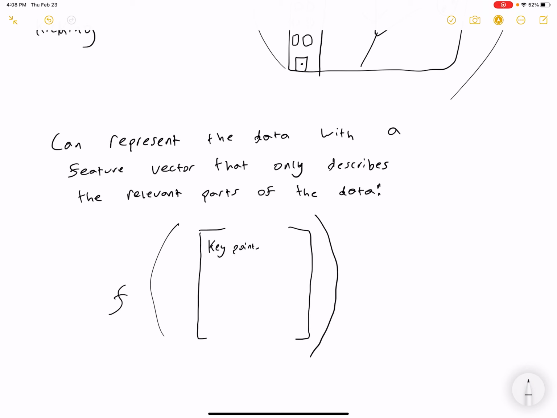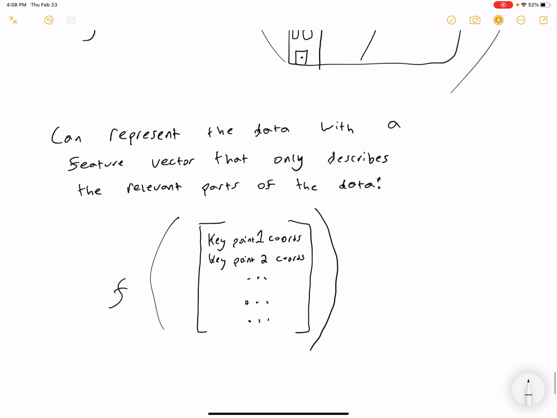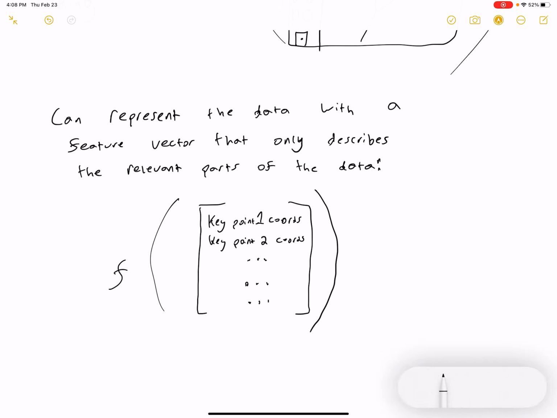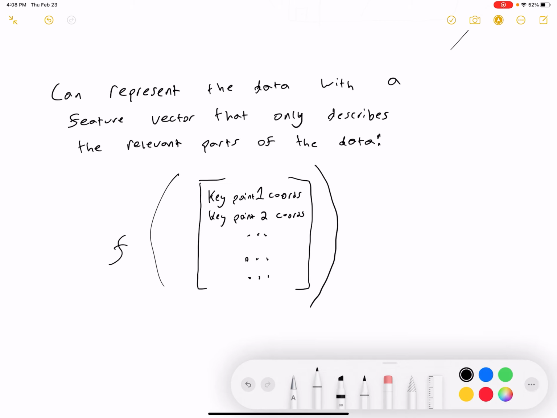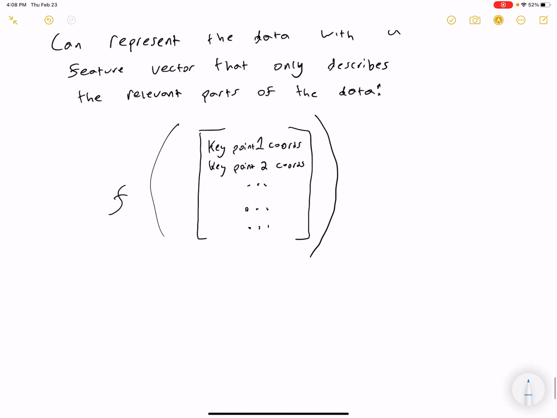But we might just have key point number 1 coordinates, key point number 2 coordinates, all the way to the bottom of the vector. And this is much less likely to overfit. This is just one example, but it is a commonly used example.